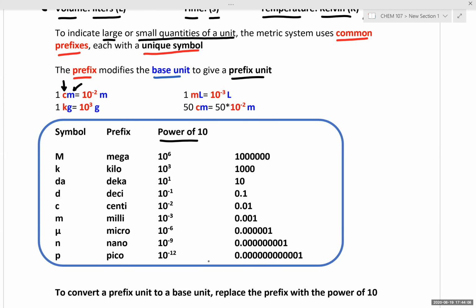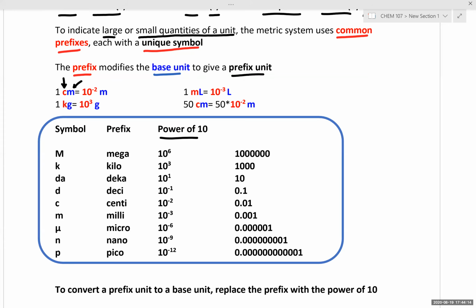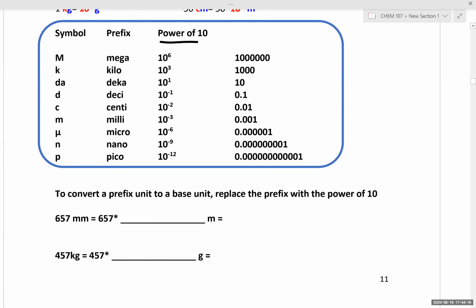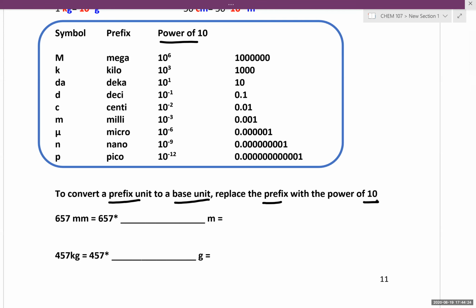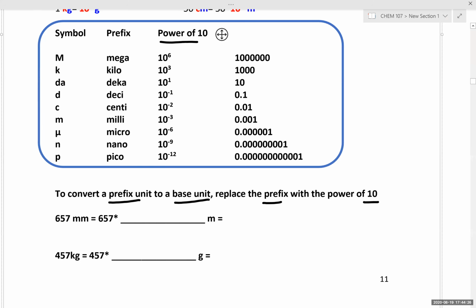And now we'll talk about how we can use these prefix units to modify our base unit. And this is really cool. If you want to convert a prefix unit to the base unit, all you do is replace the prefix with the power of 10. So let's do an example of this.